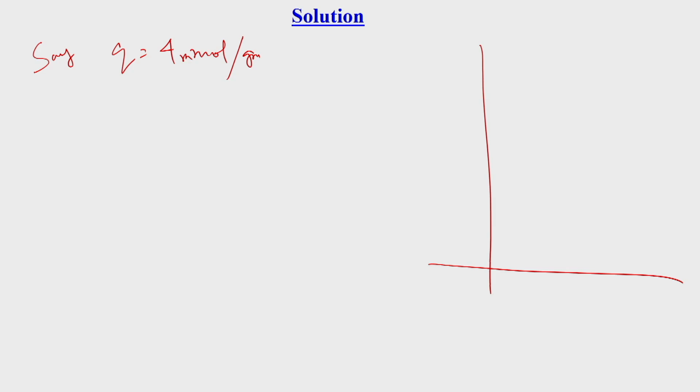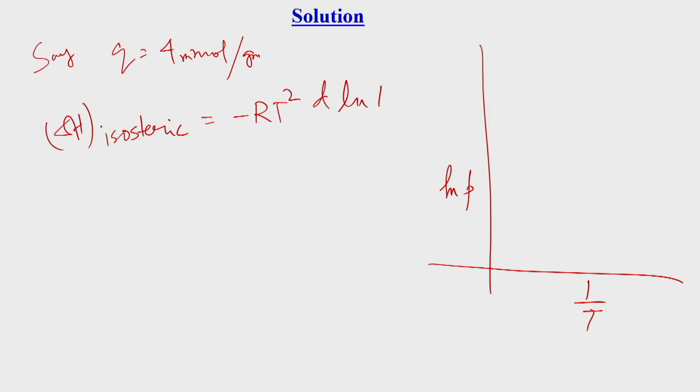Then we will be plotting ln p versus 1 by T, because we have this formula: delta H, the isosteric heat of adsorption value, is equal to minus R T square into d ln p by dT, or d ln p by d 1 by T.